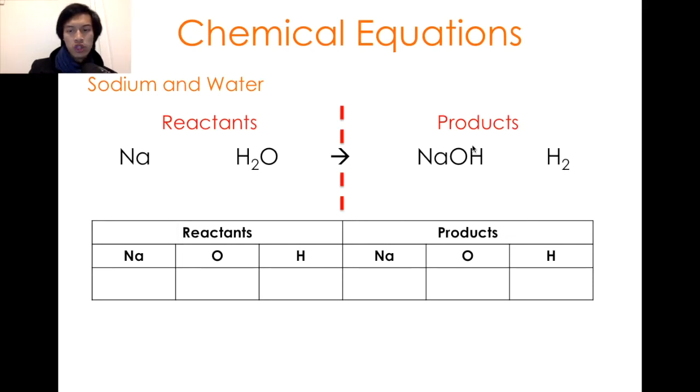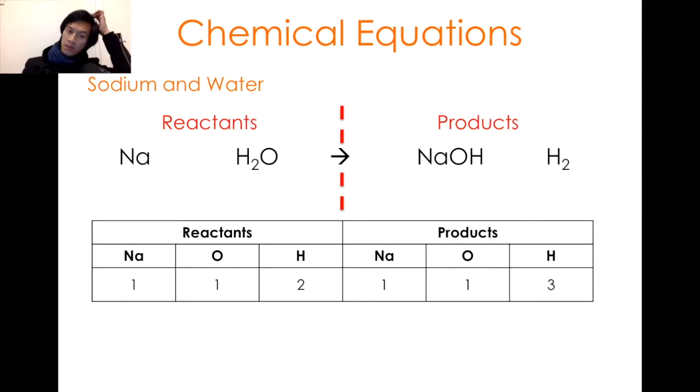The first thing you need to know is that the elements on the reactant and product sides must be the same. If I somehow have nitrogen there, I know that I'm doing something wrong in my chemical reaction. Now let's jump around and fill in the numbers, and that's what they currently look like. You've got one sodium atom, one oxygen atom, and two hydrogen atoms there.